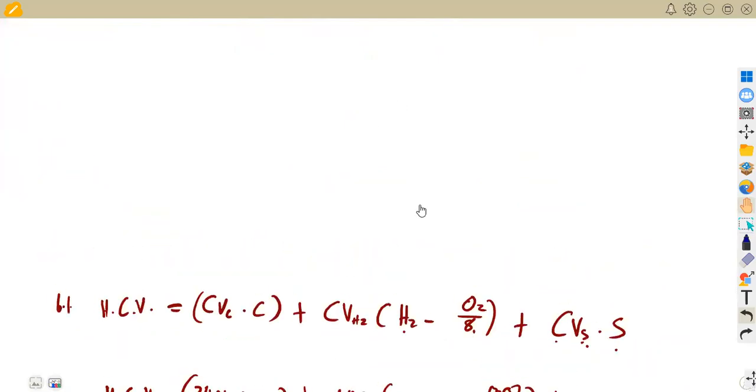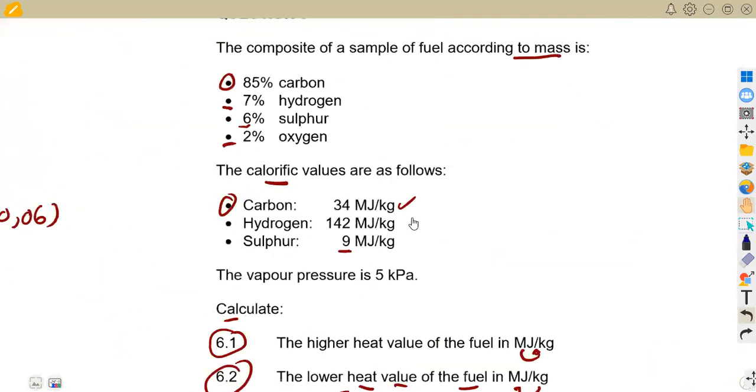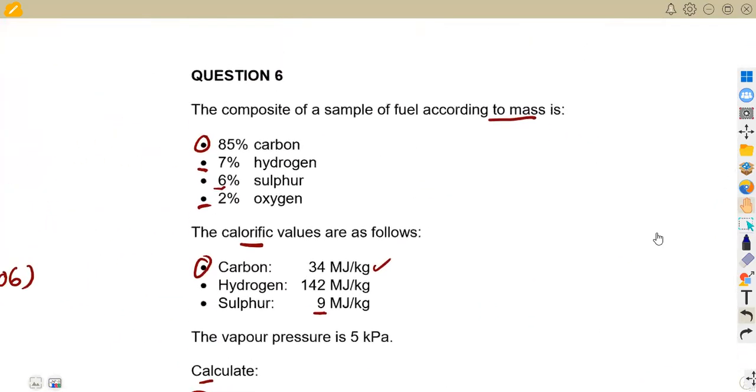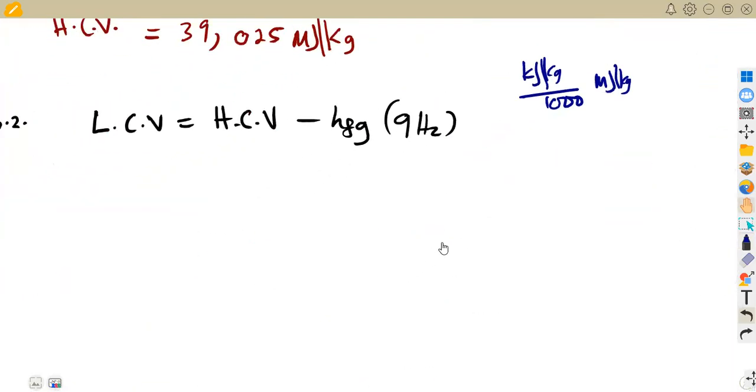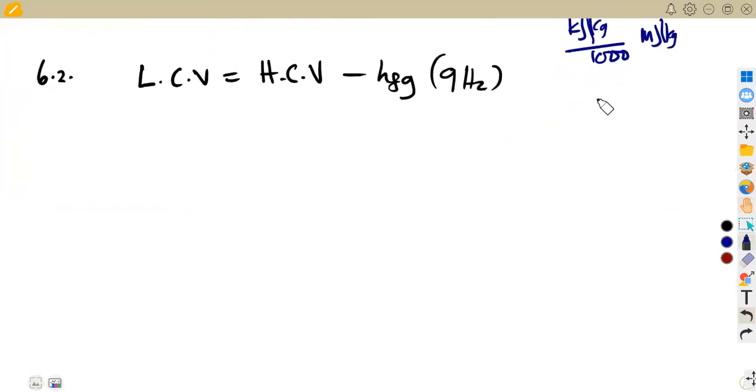We are not given anything about the latent heat, but we are given that the vapor pressure is 5 kilopascal. So we can get the latent heat, which is our HFG, at a given pressure of 5 kilopascal. What is going to be your HFG at that point?